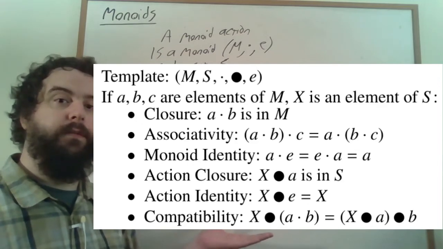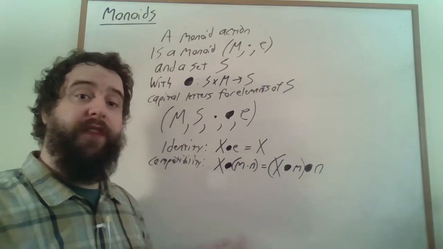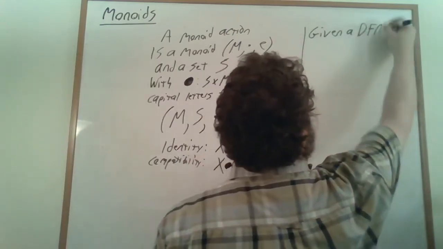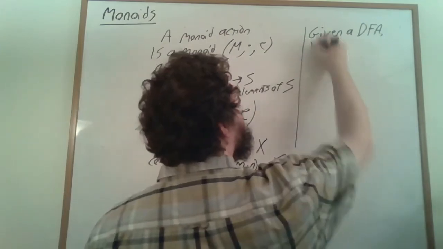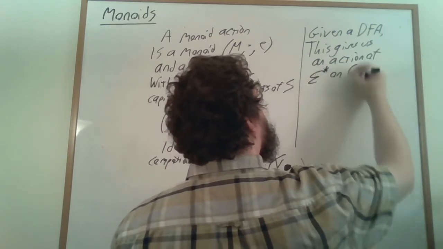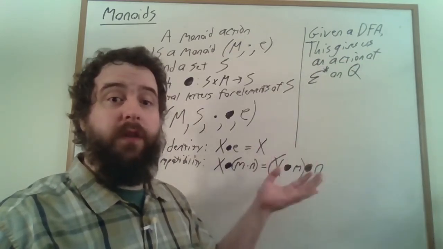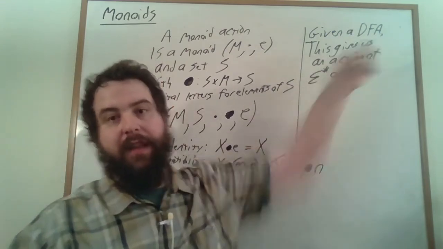So this is all very abstract. What does it have to do with finite state automata? Well, suppose that we have a deterministic finite state automaton. This gives us an action of sigma star, the monoid of words under concatenation, on the set of states of the finite state automaton.